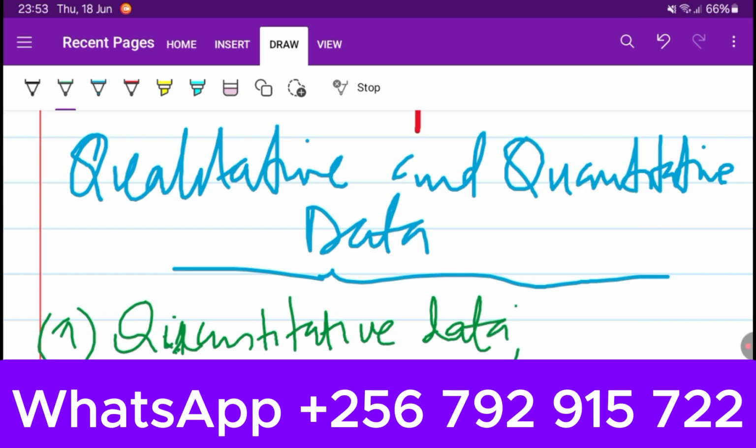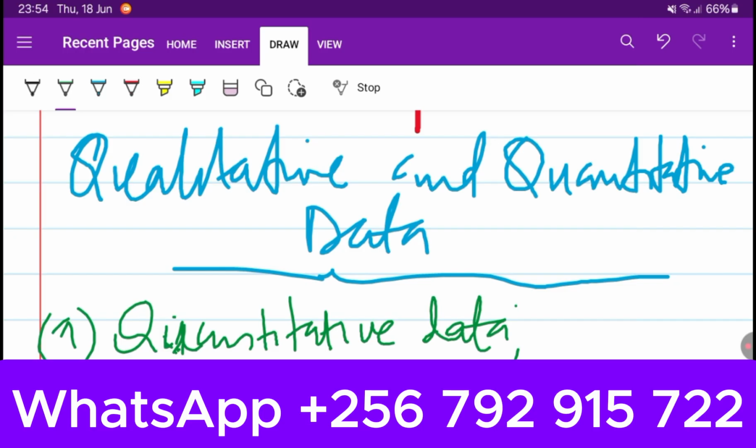Of course, as the word suggests, quantitative data is all about quantity or quantities.